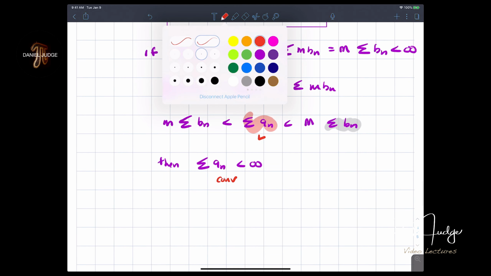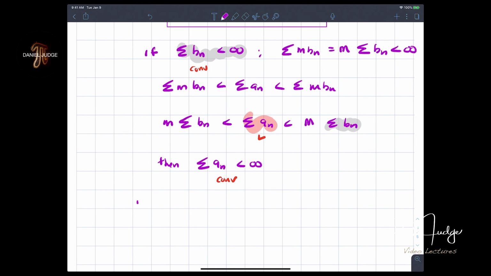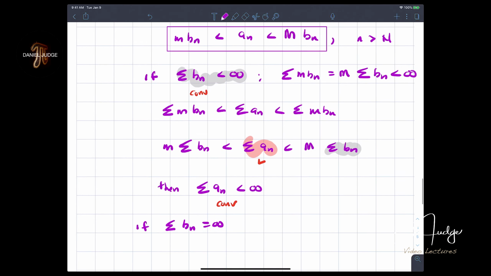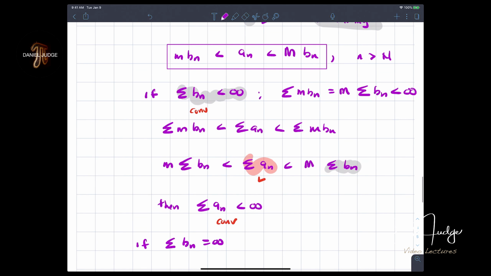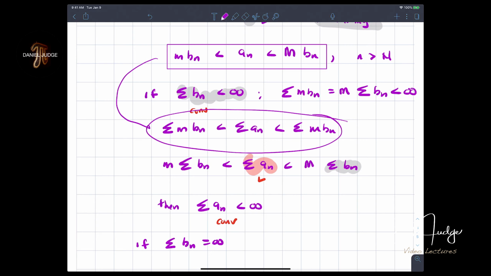Now, you go back to that same inequality, and they're going to say, well, if the sum of Bn happens to be divergent, equals infinity. Well, remember, we're using this relationship here that came from this relationship. So we went from here to here.